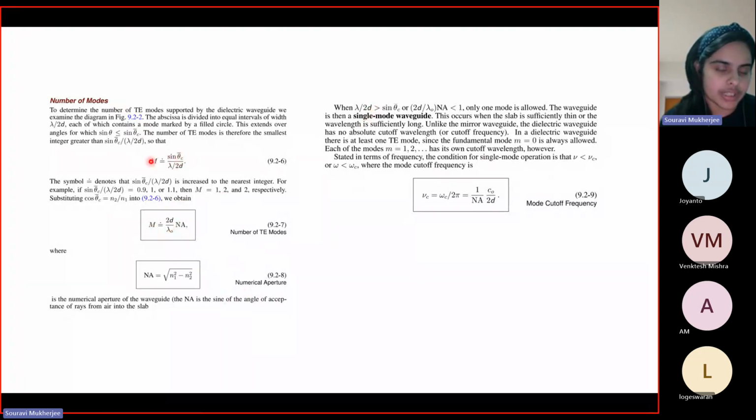It would mean this term goes to less than 1. In those cases, only one mode is allowed, which is the starting mode corresponding to m equal to 0. So in those conditions, the waveguide is called a single mode waveguide.